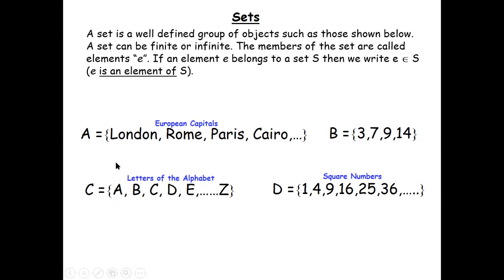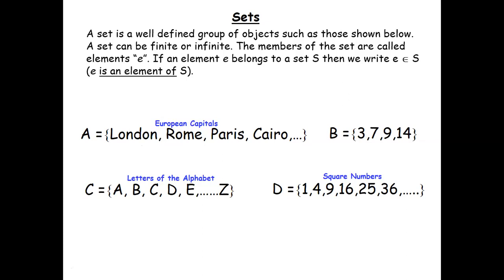One other thing I should mention before I forget: when we're writing sets, you need to use curly brackets, not the brackets that we normally use. If you write them in any other way, they will not be recognized as sets. You need to make sure the notation is done correctly.